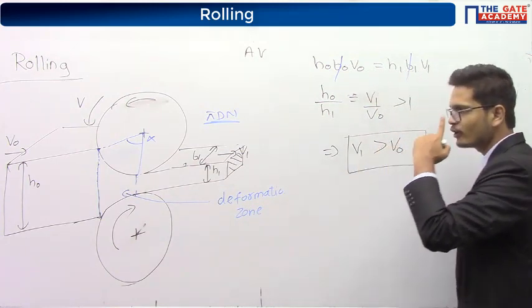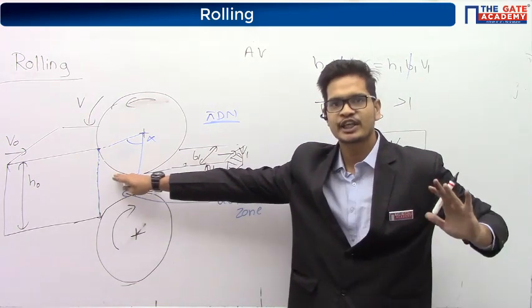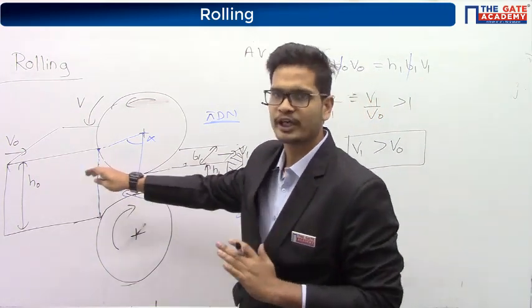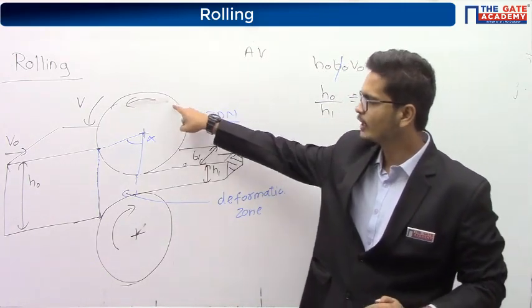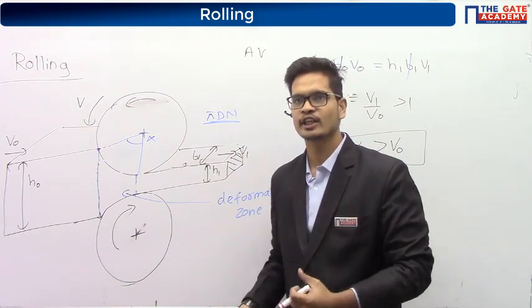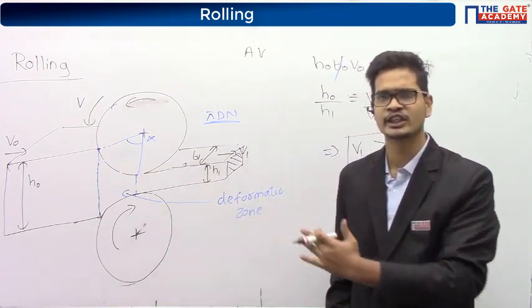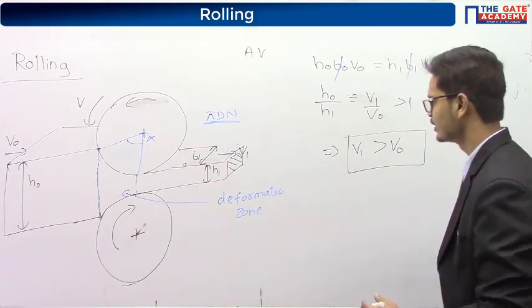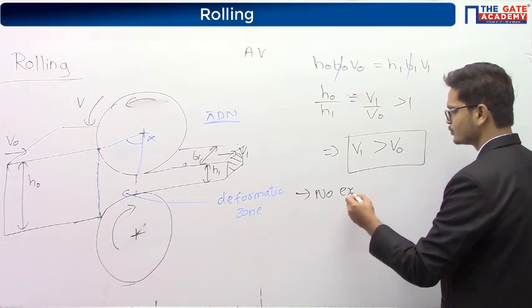Now, the next point you have to understand is that we are not giving any external push or pull to the component. The component is simply getting pulled inside by the rollers because of the friction. So no external push or pull is given.